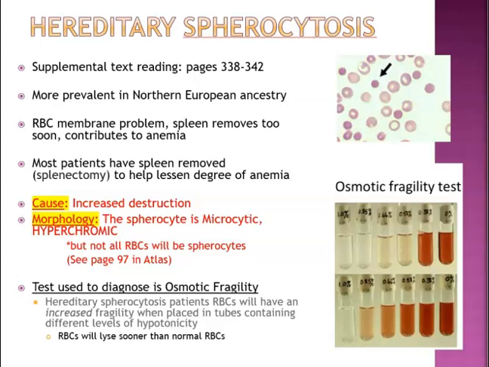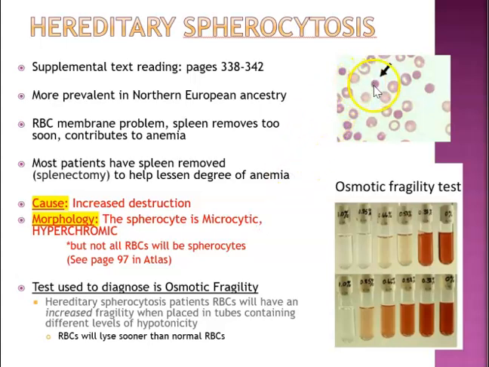The morphology is what we call a spherocyte, and it is microcytic, and it is actually hyperchromic. So we haven't seen a hyperchromic red blood cell yet. So this is an increase in color. So we have a small red blood cell that's increased in color.